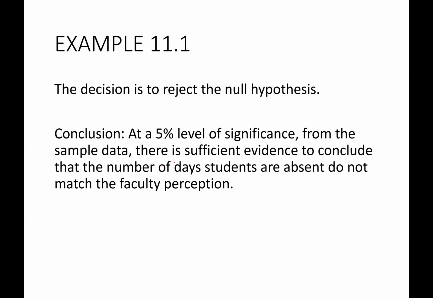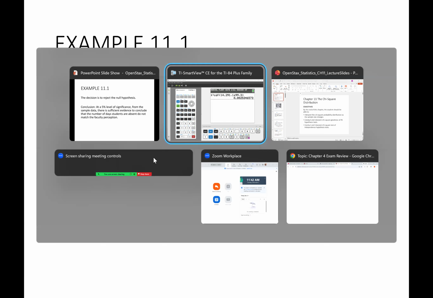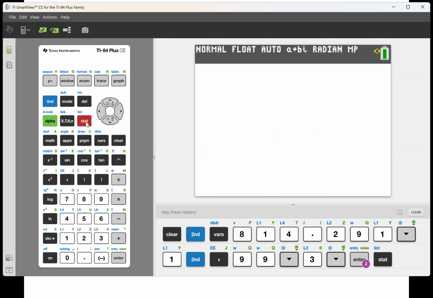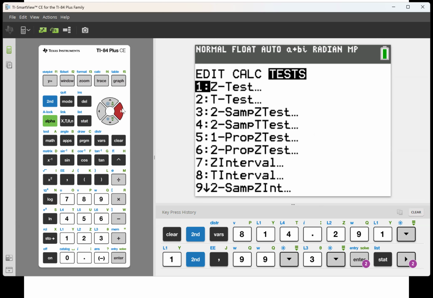Okay, I'm going to go back and do this again, and I'm going to use the chi-squared test. There is a chi-squared test on your calculator, and I'm going to show that to you. So let me go back to my calculator, and go to my stat and my tests.